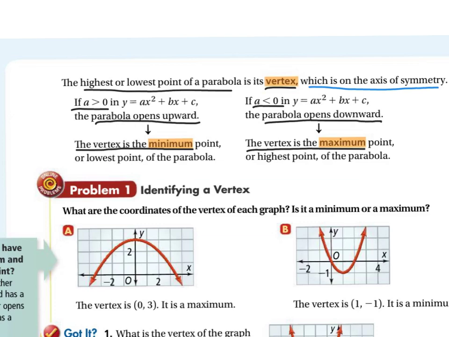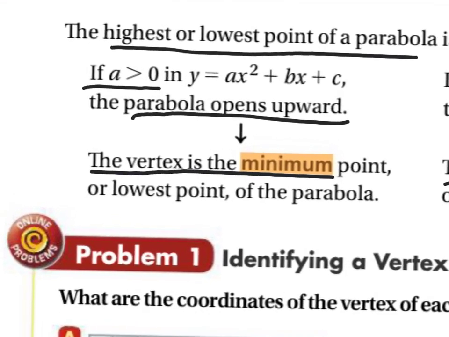If a is greater than 0, so if this is a positive number next to the x squared, then the parabola is going to open upward, like a U shape. If it opens like that, then the vertex is going to be the low point, the minimum point on our graph, the lowest point that it gets.